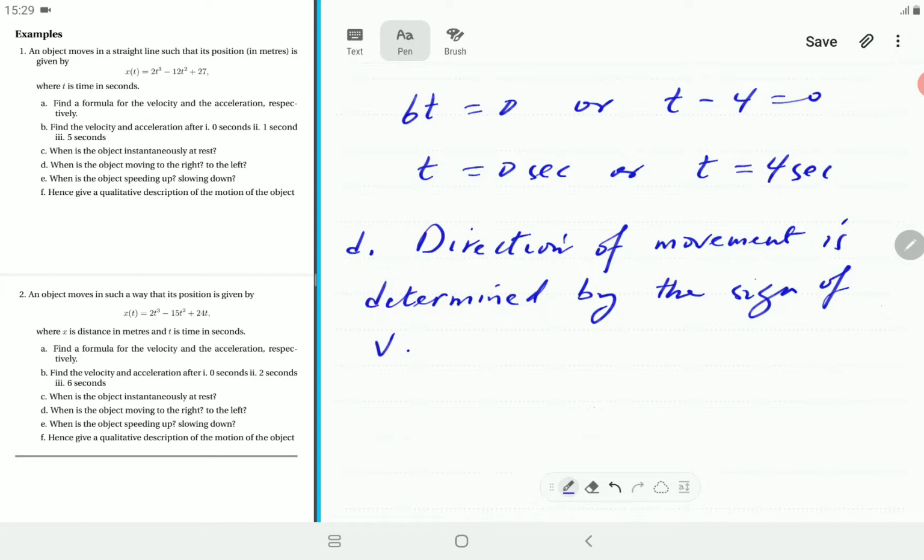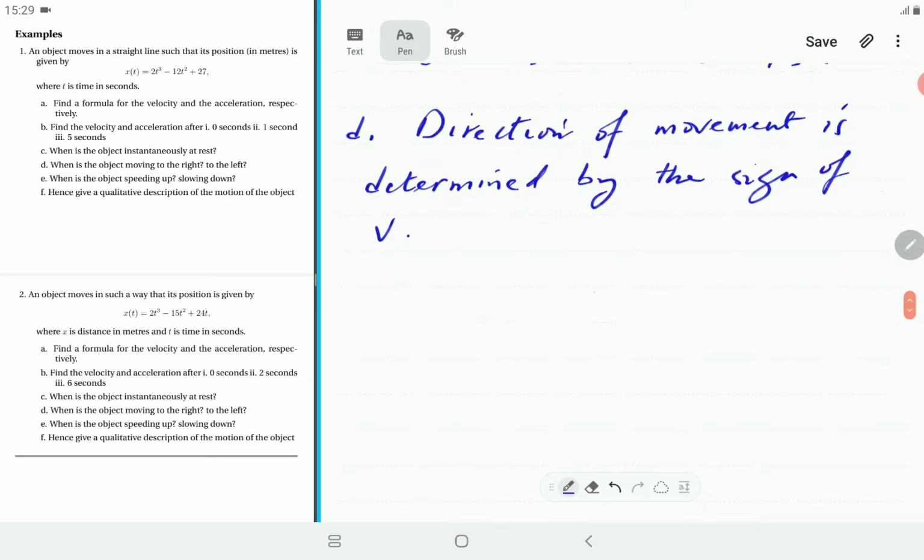So if the velocity is positive, the object is moving to the right or up, depending on whether we choose the line to be horizontal or vertical. If the velocity is negative, then the object is moving down or to the left.